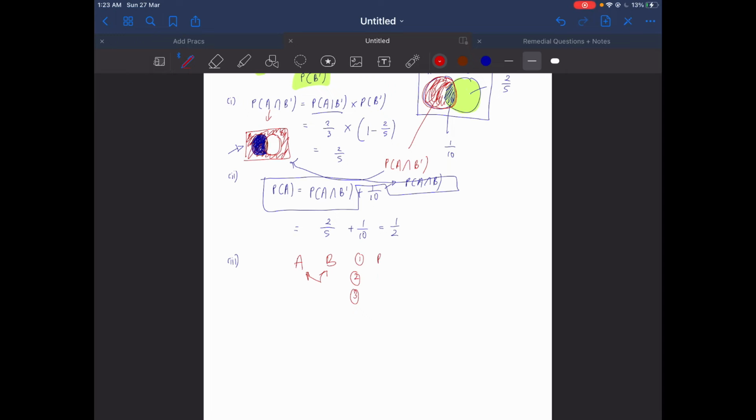The probability of A occurring given that B occurs is equal to the probability of A occurring. The probability of B occurring given that A occurs is equal to the probability of B occurring, and the probability of A intersect B is equal to the probability of A times the probability of B.